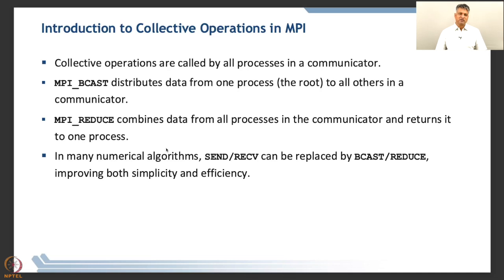This improves the simplicity of the programming and also increases the efficiency, because whenever you have multiple sends and receives outside the broadcast or reduce framework, the MPI environment has to allocate different bits of memory for sending data for each pairwise communication. When you use a broadcast or a reduction, the amount of memory allocated and the buffers needed are fewer, hence improving the computational efficiency.